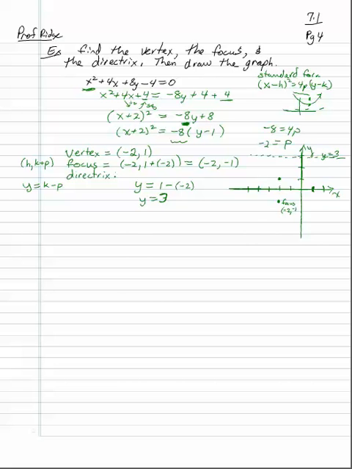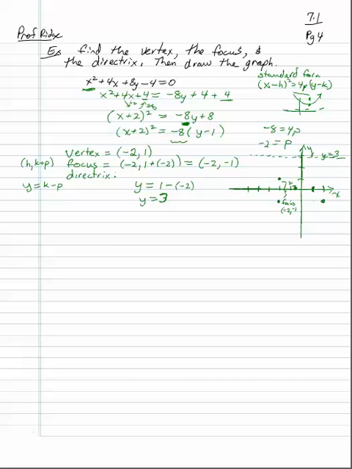And then remember the trick for plotting the two points for this. If the absolute value of p is 2 units, then you're going to double that, which is 4. 1, 2, 3, 4.